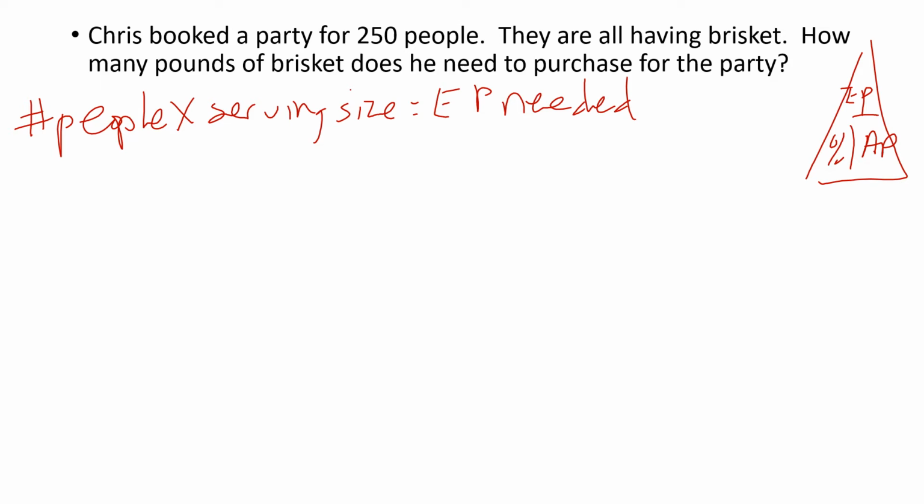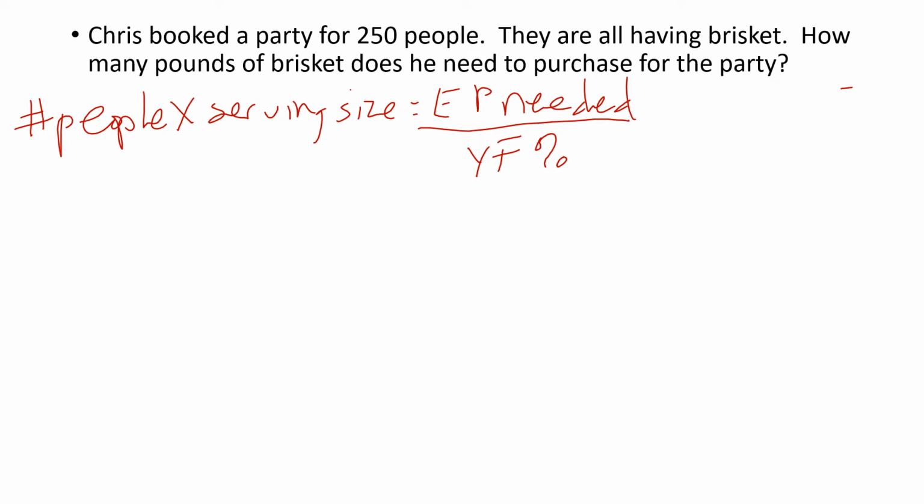In this case, how many pounds of brisket does he need to purchase? I'm looking for my as purchased, right? So what's left over? Edible portion divided by percent. So we divide this by the yield factor percent. Let's put some numbers here. How many people? 250 people. Times 8 ounces.